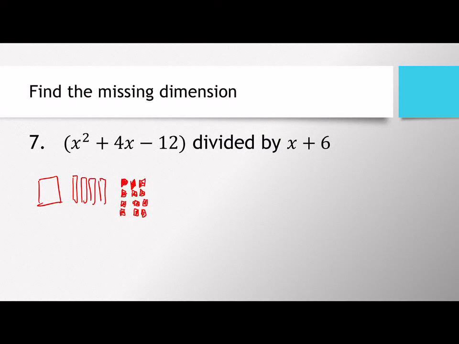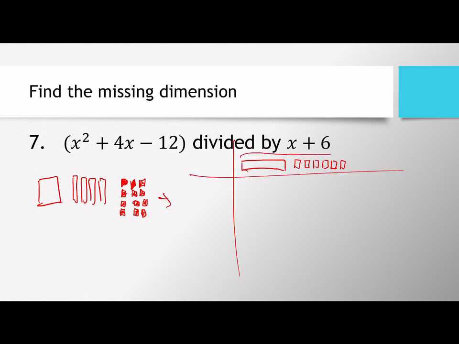X plus 6, positive x, positive 6 squares. This right here, x plus 6. My only clues are this x squared, this positive 4x, and those negative 12 units.